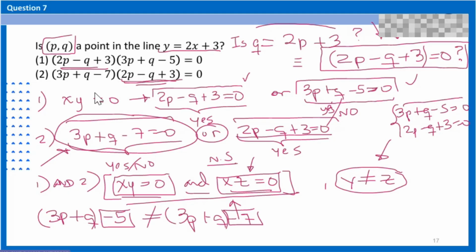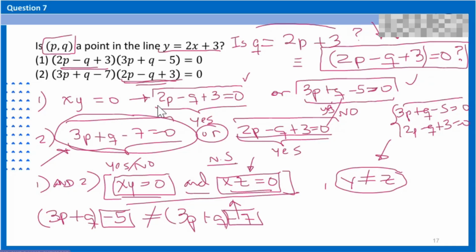There are infinite pairs, of course. Yeah, but what happens when you pick a pair of values that just makes 3p plus q minus 5 equal to 0? Well, that pair of values could or could not make 2p minus q plus 3 equal to 0, right? But if you have a pair of values that makes 3p plus q minus 5 zero, you are sure that 3p plus q minus 7 cannot be 0. That forces the other factor to be 0.